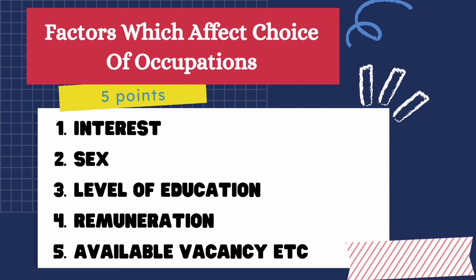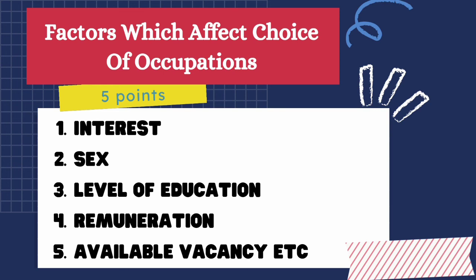Then number three is the level of education. Imagine a company posts a vacancy, and one of the requirements is that you should be a university graduate. Now, someone who hasn't been to the university, who just finished secondary school and has his O-level certificate, cannot apply for such a job.